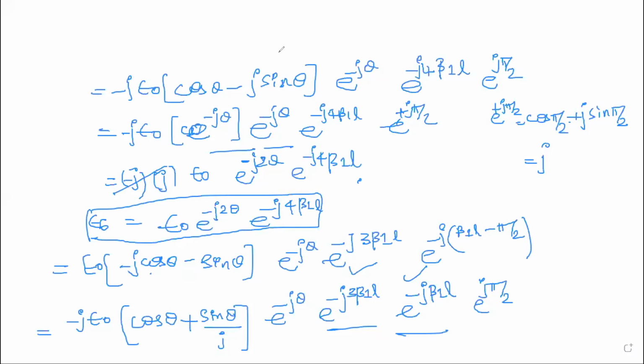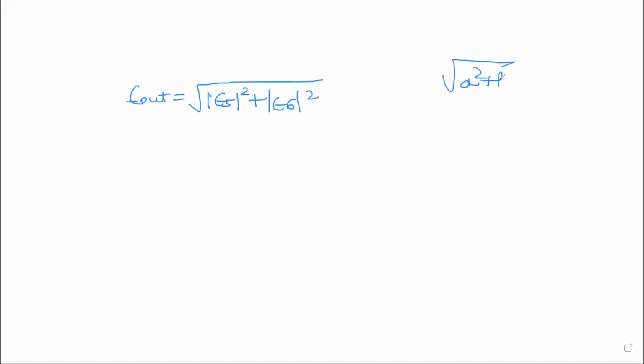So now you have to find out the magnitude. Till here you have the resultant equation coming out of the precision phase shifter. To find the magnitude, E out is equal to square root of E5 square plus E6 square, the same way you write square root of A square plus B square.